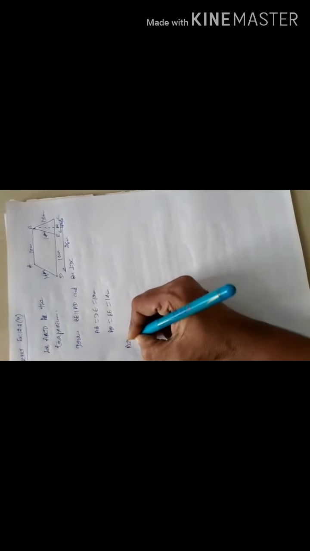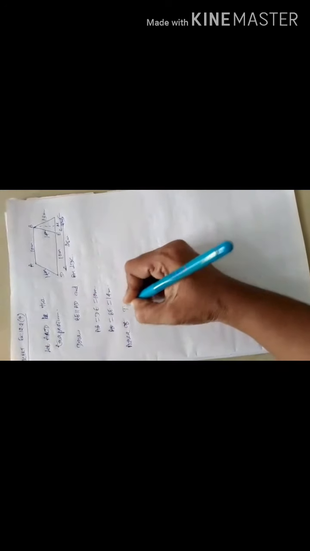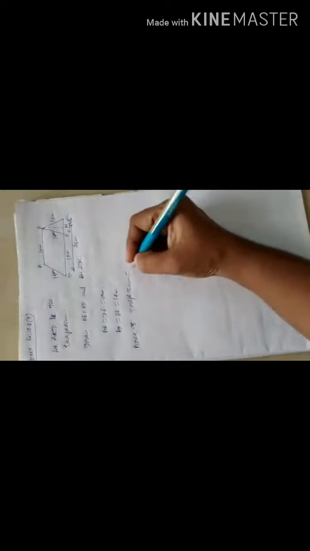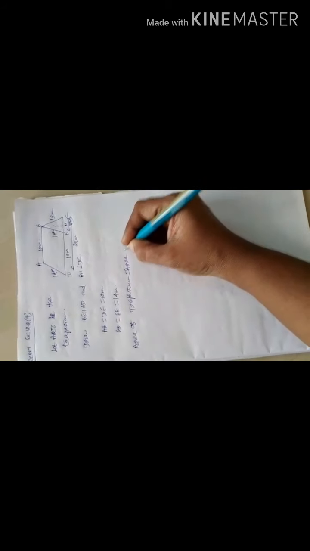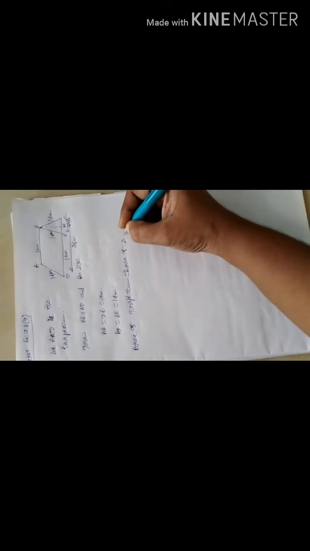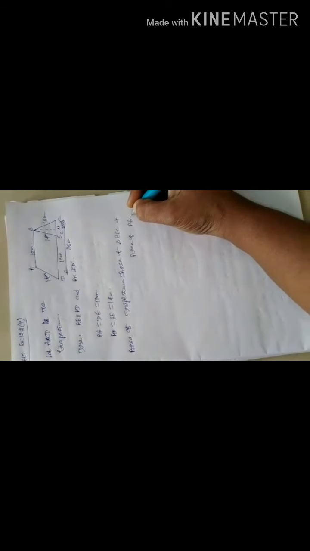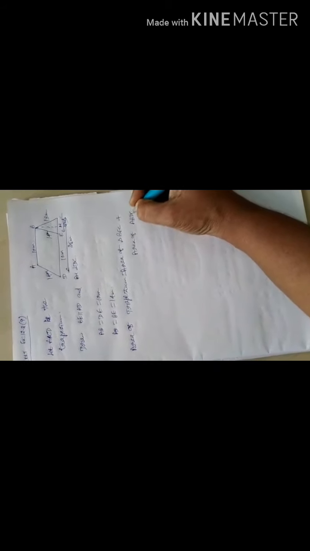So area of trapezium equal to area of the triangle BEC plus area of the parallelogram ABDE.